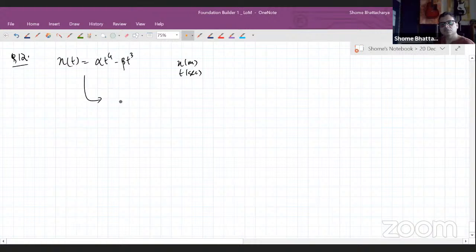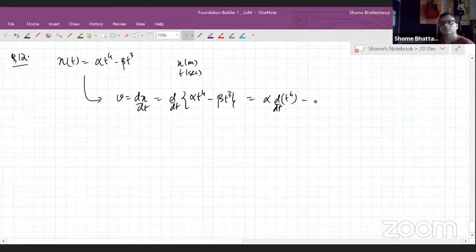So you can see that the velocity will be defined as rate of change of position. So differentiate this whole term. That will become alpha into differentiation of t to the power 4 minus beta into differentiation of t cube.